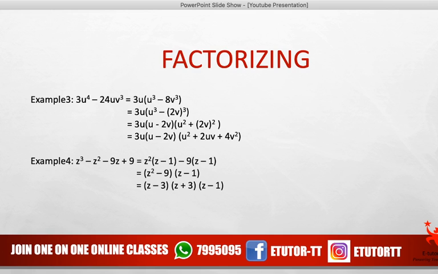So now we have 3u, u minus 2v, and in brackets, u squared plus 2uv plus 4v squared, using the identities from before. So you have 3u, and in brackets, u take away 2v, and then we have u squared plus 2uv plus 4v squared.